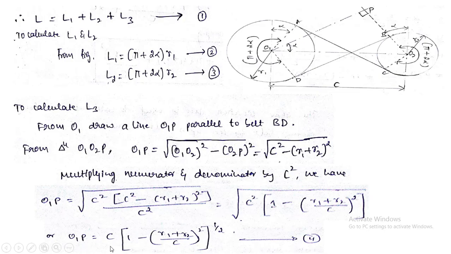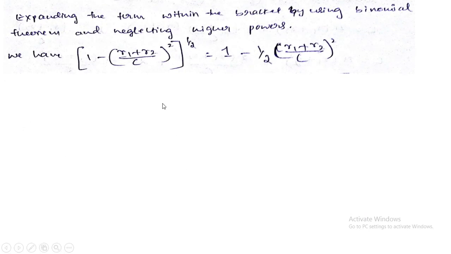So O1P we got as C into (1 minus (R1 plus R2 by C) whole square) raised to 1 by 2, which is equation number 4. Next, we need to expand the term within the bracket by using the binomial theorem and neglecting the higher order terms. So the term in the bracket, 1 minus (R1 plus R2 by C) whole square raised to 1 by 2, has to be expanded by using the binomial theorem.